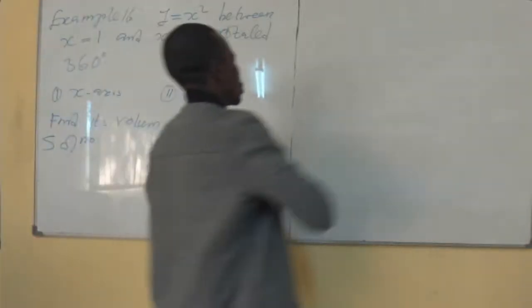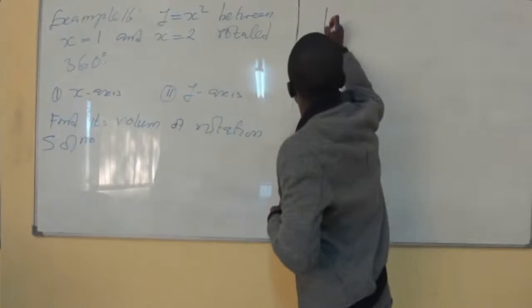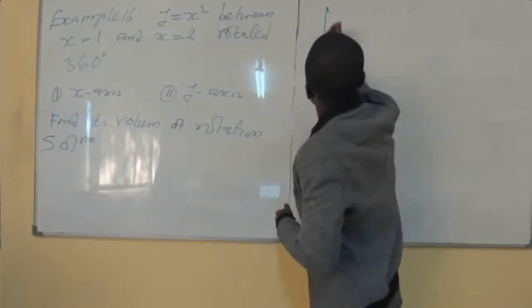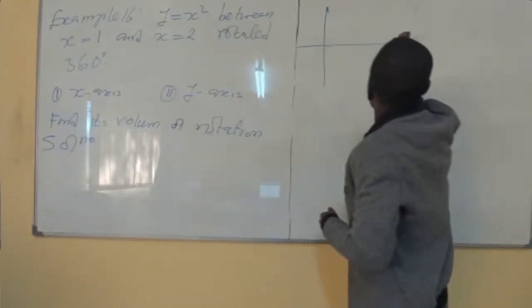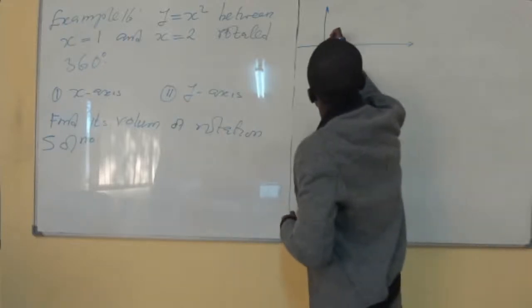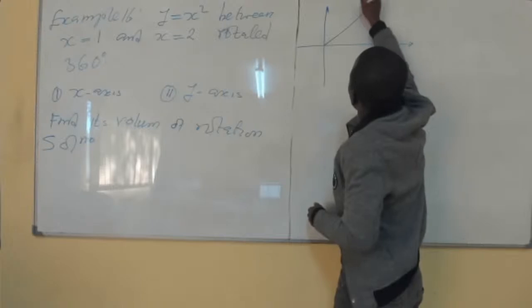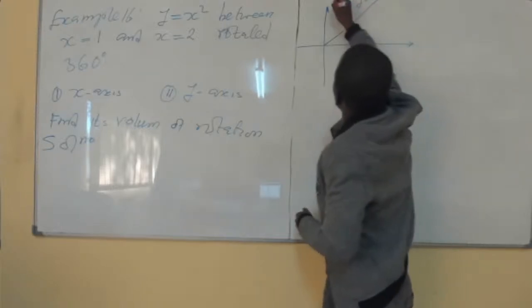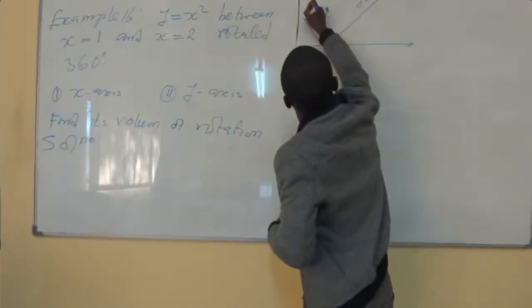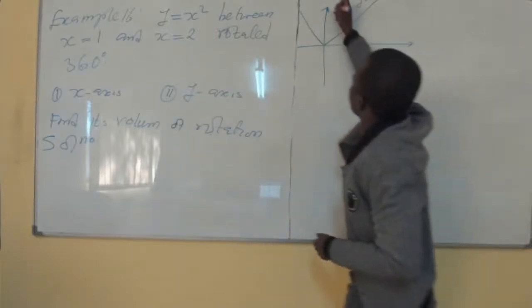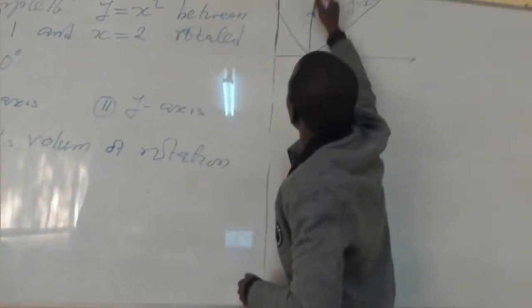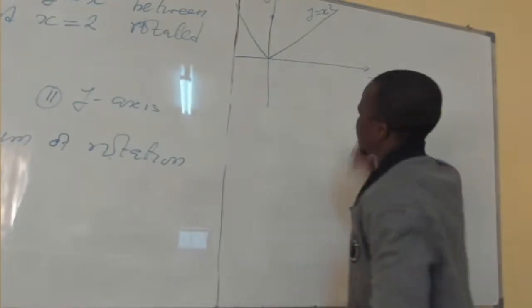Okay, let's look at the solution. So we have this curve, the curve y equal to x squared. That's how it looks. So we have the y-axis, we also have the x-axis.